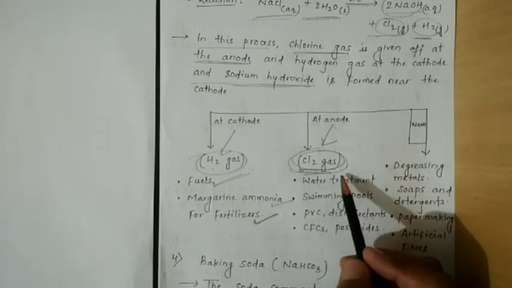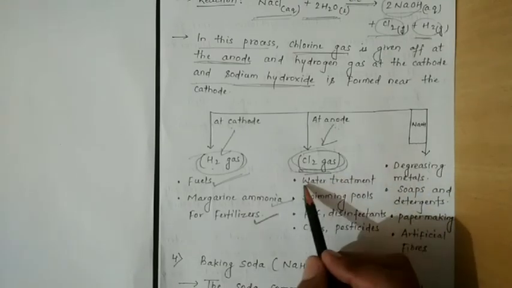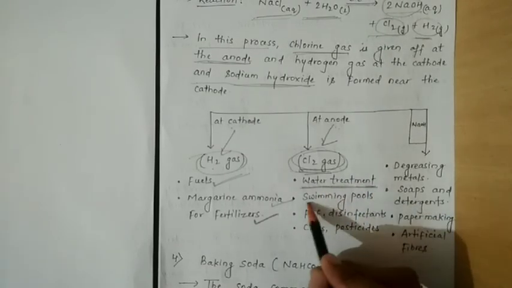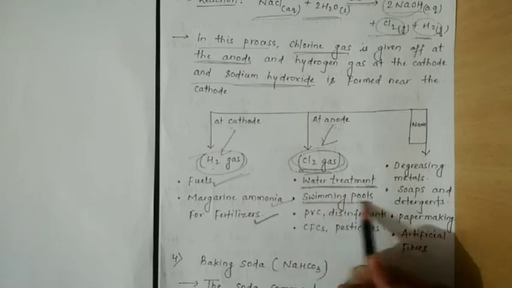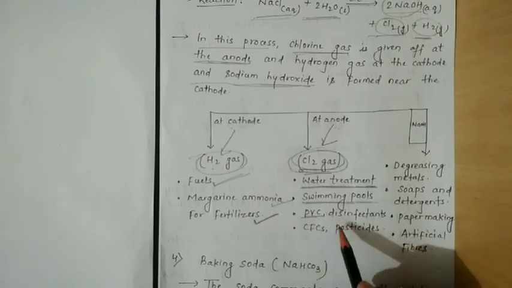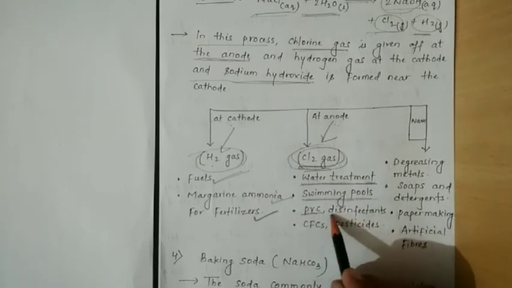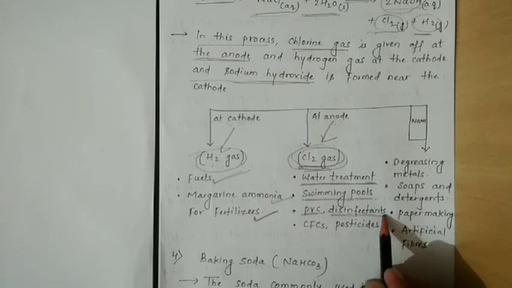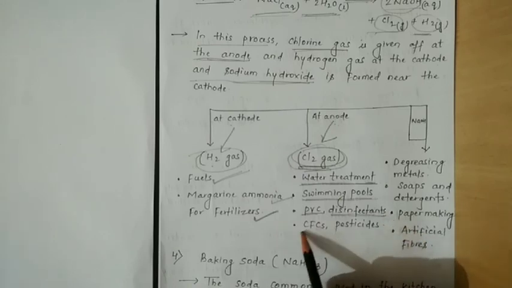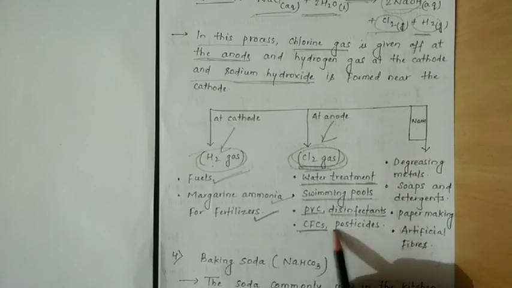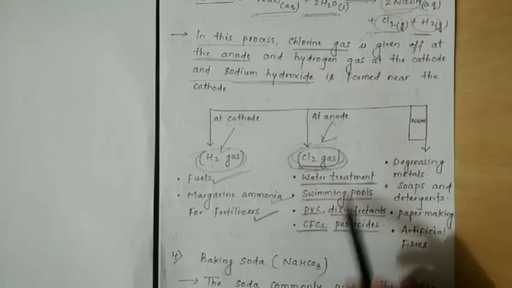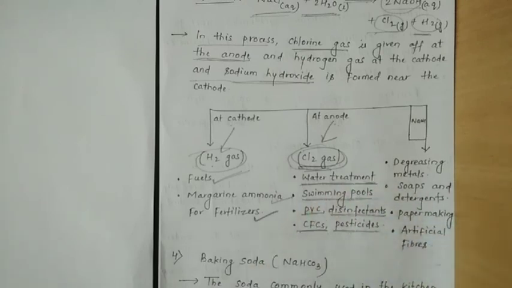Where this Cl2 gas is used: Cl2 gas can be used for water treatment, then it is also used in swimming pools, PVC, polyvinyl chloride, then disinfectants, you know what disinfectants are? They make the water free from germs, and CFCs, chlorofluorocarbons, and pesticides. So Cl2 can be used in these sectors or for these purposes.